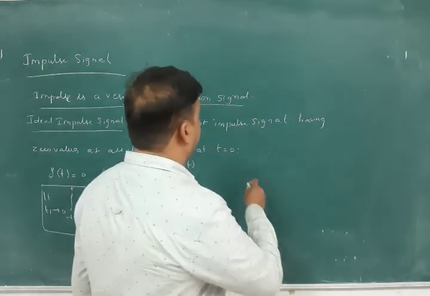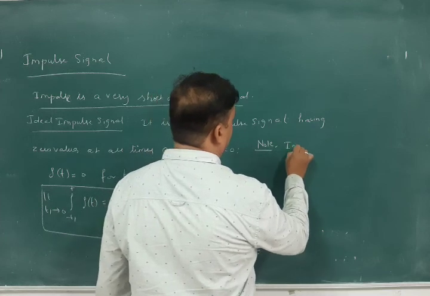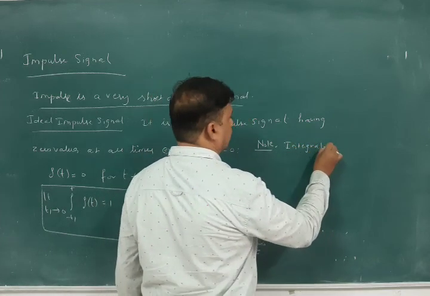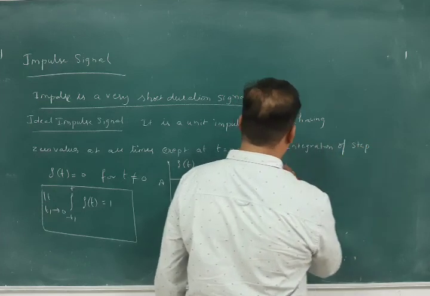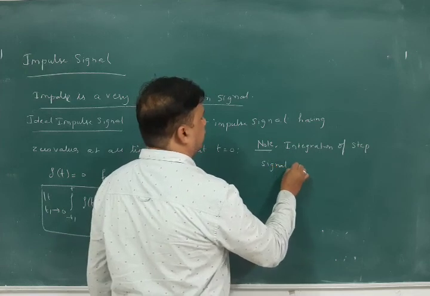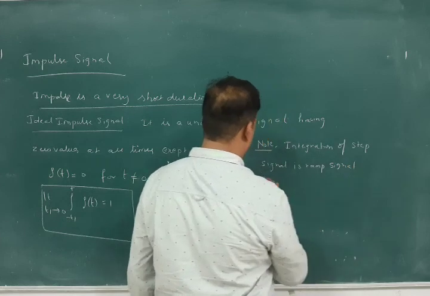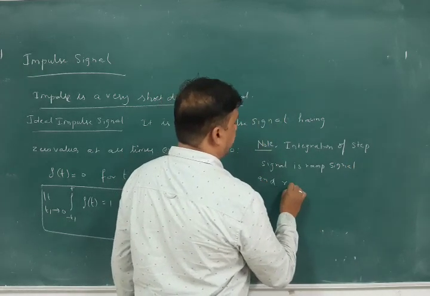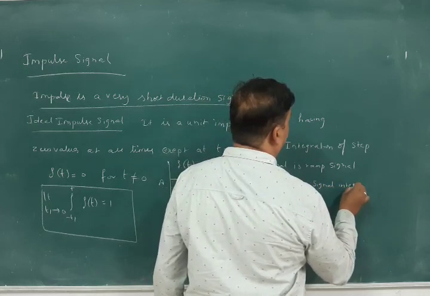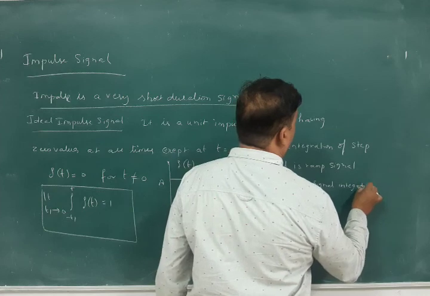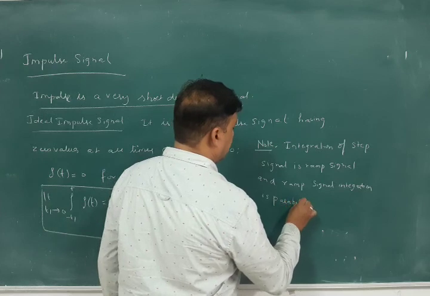So, we have to note one point here: integration of a step signal is a ramp signal, and integration of a ramp signal is a parabolic signal.